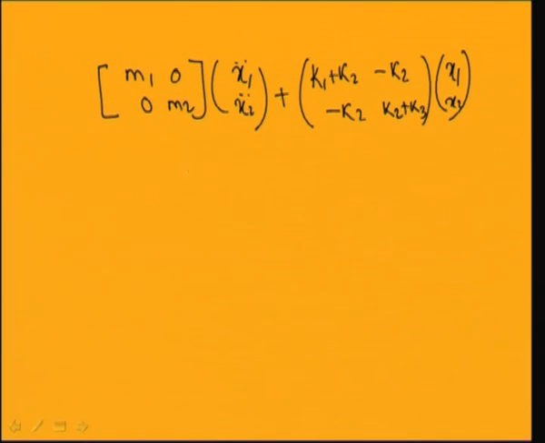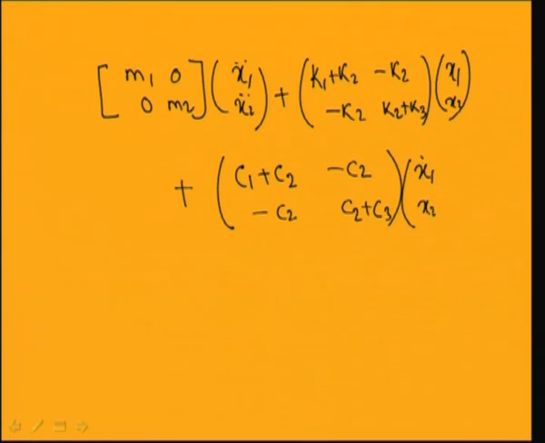Already you got these expressions, and if you are adding damping, the equation reduces to this: [c1 plus c2, minus c2; minus c2, c2 plus c3] times [x1 dot, x2 dot] equal to [0, 0].